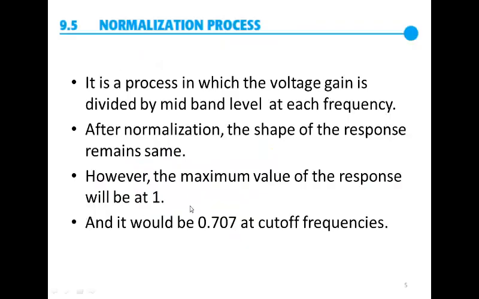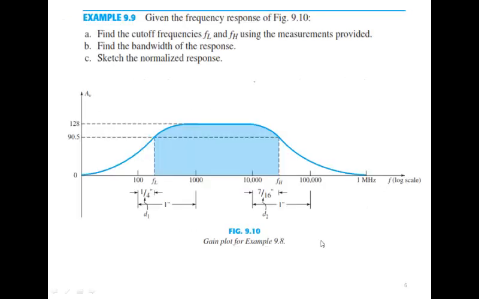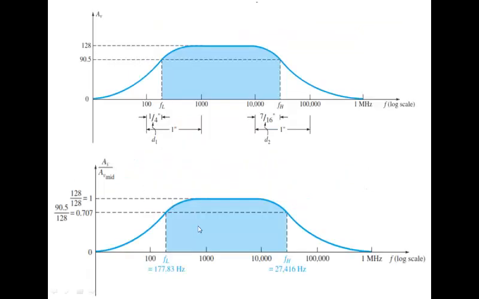So the maximum value of the response after normalization is 1, and it is 0.707 at the cutoff frequencies. This is the example in which you normalize this response, and after normalization you get this response, which is the normalized response.